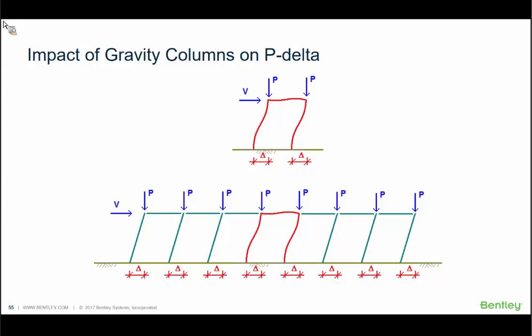If you're using the geometric stiffness method or the amplified moment method, the loads used in those methods must include all of the loads on the structure, not just the loads on the lateral frames.